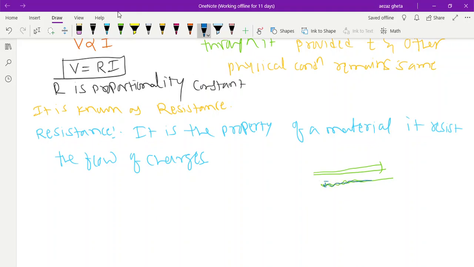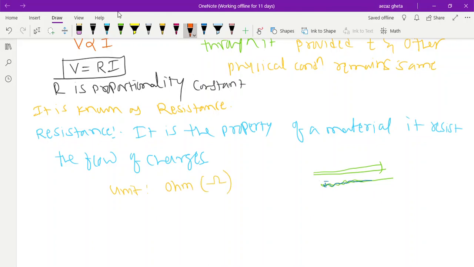That is nothing but resistance. Okay, all materials have a certain amount of resistance, so they don't allow the electrons or charges to flow so swiftly, right? So now what is the unit of this resistance? The unit of resistance is ohm. It is denoted by omega, right?